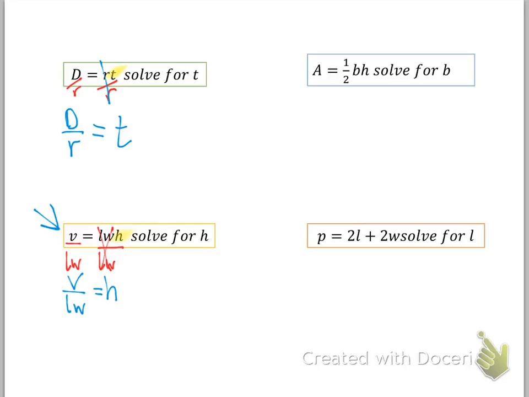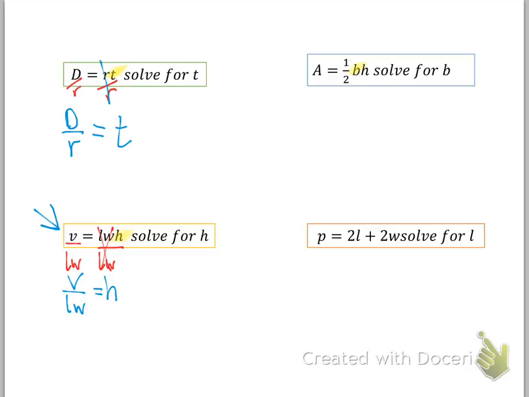Area equals 1/2 base times height. We're going to get B alone. In this one, we have a number. In others, we haven't had that many numbers. So if I'm trying to get the B alone, the first thing I'm going to do is get rid of that awful fraction. Now remember, I can either divide by 1/2, or that's the same as multiplying by the reciprocal.